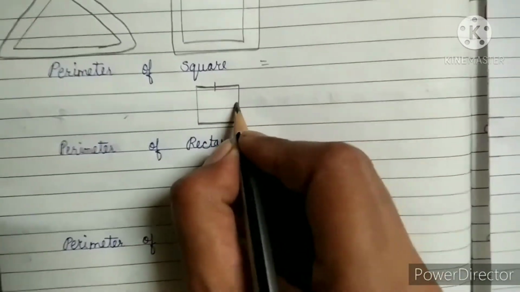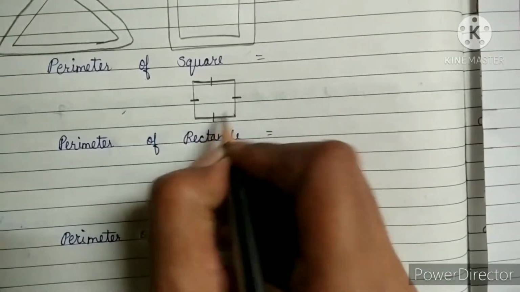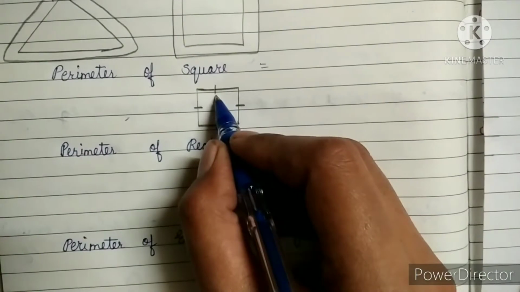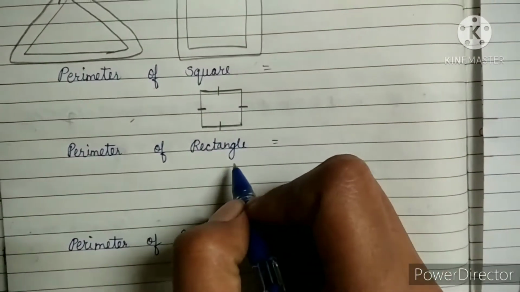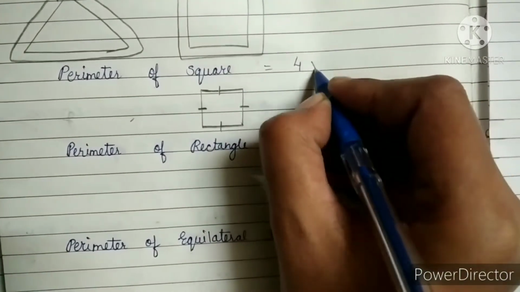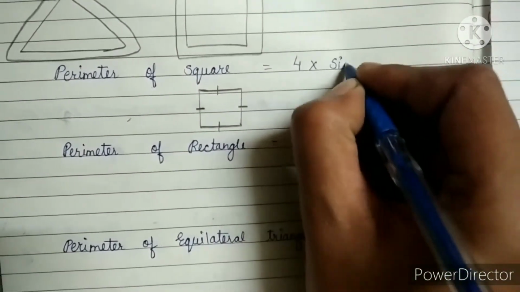This side is equal to this side, and this side is equal to this side. They are all equal to each other. How many sides does our square have? 4 sides: 1, 2, 3, 4. So 4 is multiplied by the length of one side.